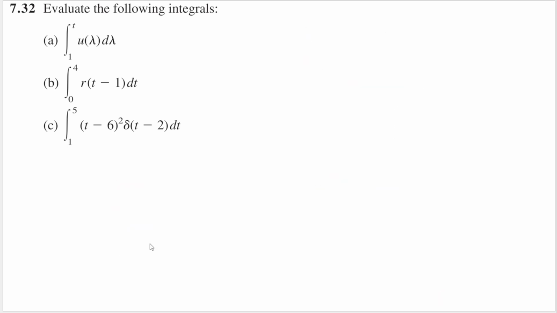One more is the integral of that one, so let's rewrite that. We will have the integral from 1 to 5 of (t minus 6) squared times the Dirac delta function of t minus 2 dt. Whenever we have a Dirac delta function, this means that we plug t equal to 2 into the function that multiplies it.